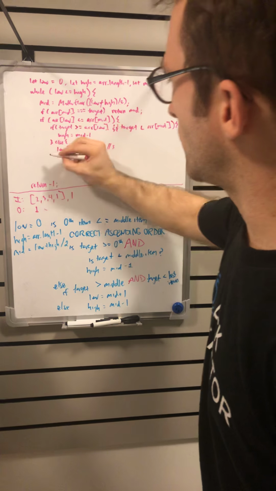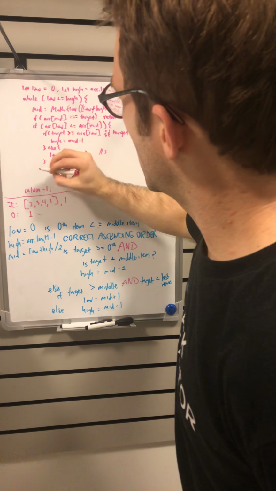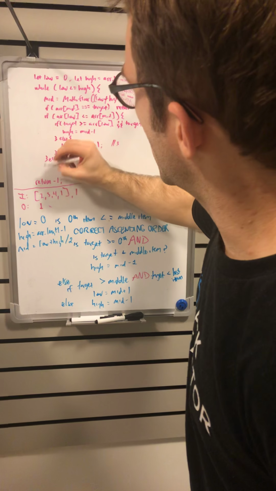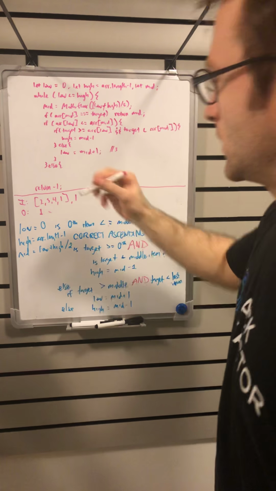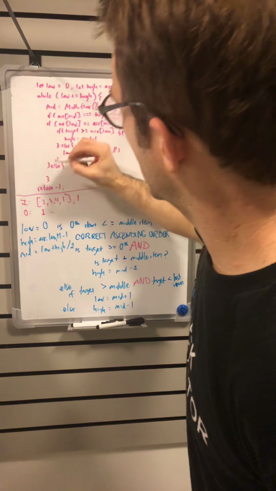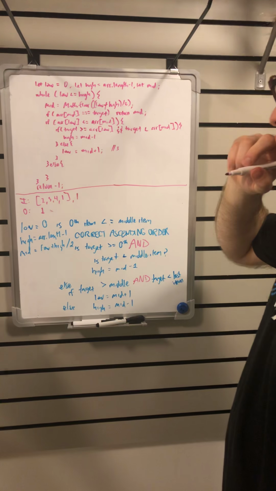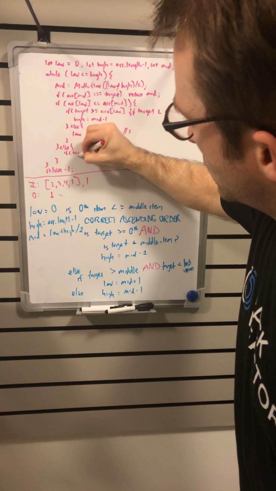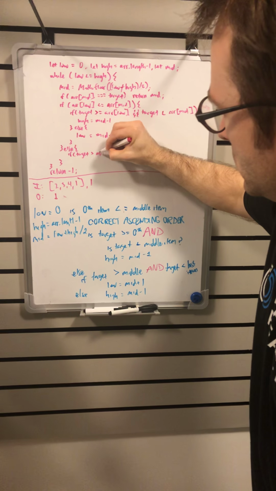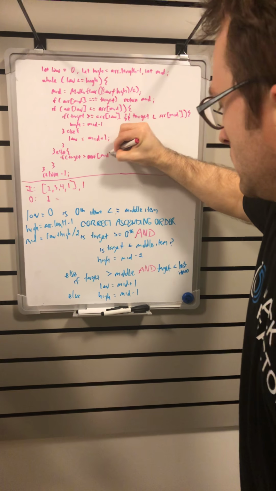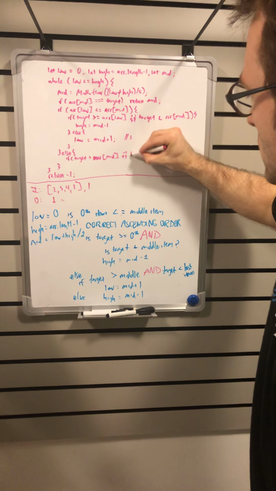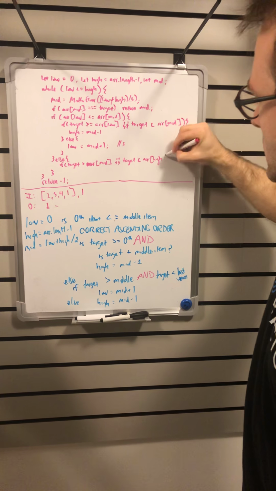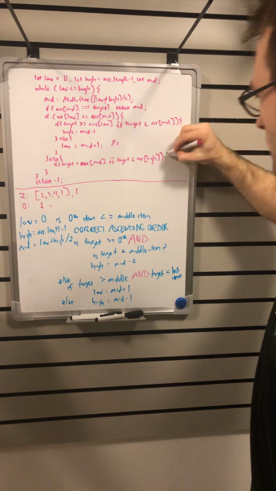So before we move on to our next iteration, we have to do our else statement right here for when the number at the low is actually greater than the middle point. So what do we say? If that's the case, we're going to ask if the target is greater than the array at middle, and the target is less than the array at the last position, so the last element in the array.